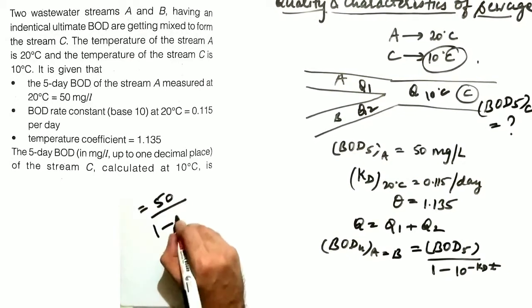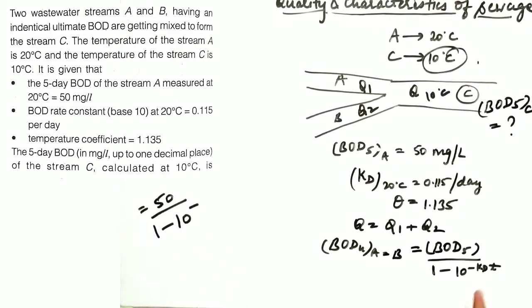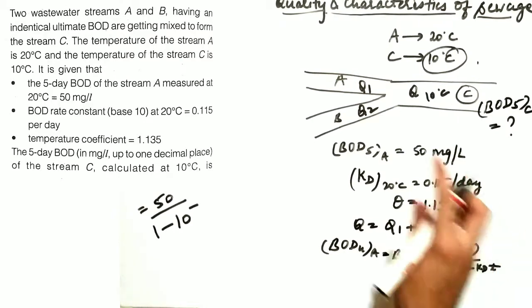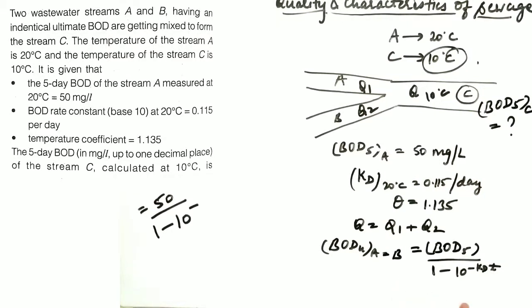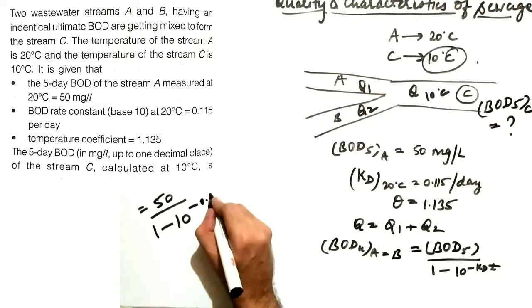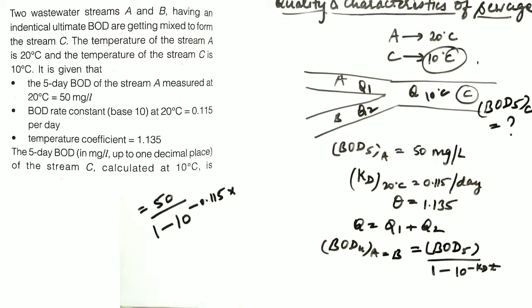Then 1 minus 10 to the power minus, what is the value of KD? Remember, you are calculating for stream A. The BOD 5 is for stream A, which has a temperature of 20 degrees Celsius, so you need to put the value of KD at 20 degrees Celsius, that means 0.115 multiplied by T. What is the value of T? T is simply 5.